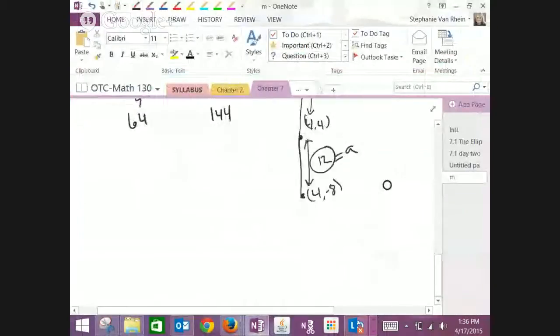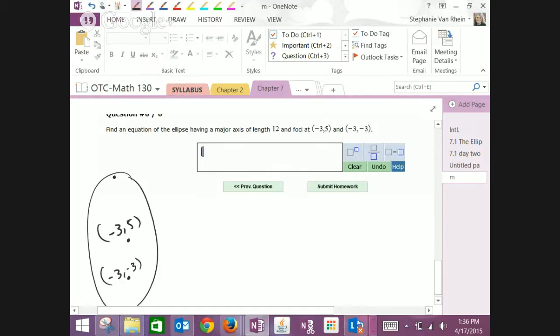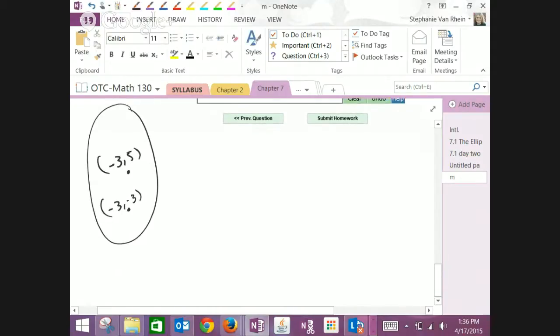So here again, the same kind of setup. They're asking for the equation, having a major axis of length 12, and given the focus points. Minus 3, 5, and minus 3, minus 3. So that tells me my major axis is the y-axis, right?